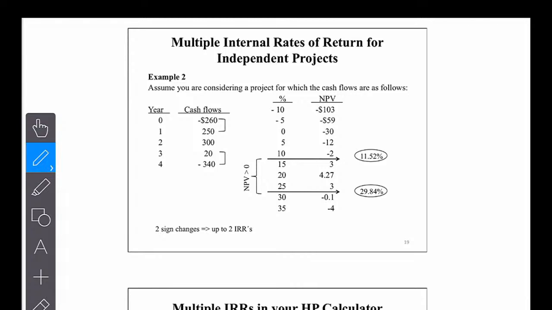Okay, so what you found is between here and here, NPV is 0, right? Because this is where NPV is 0. So the calculator will pick a number like 12.5, and then check if NPV is positive or negative. If it's negative, so it goes from a negative to a positive here.